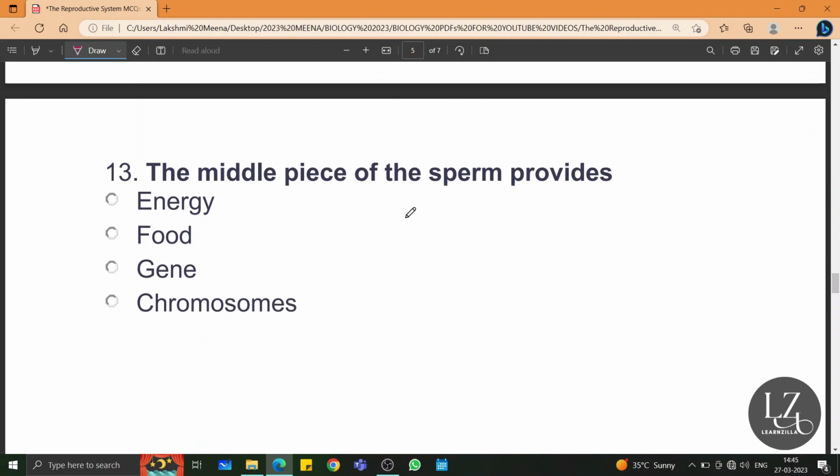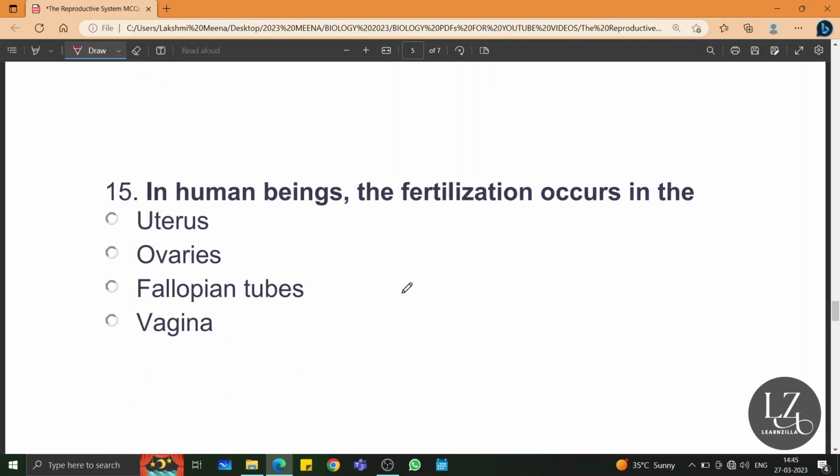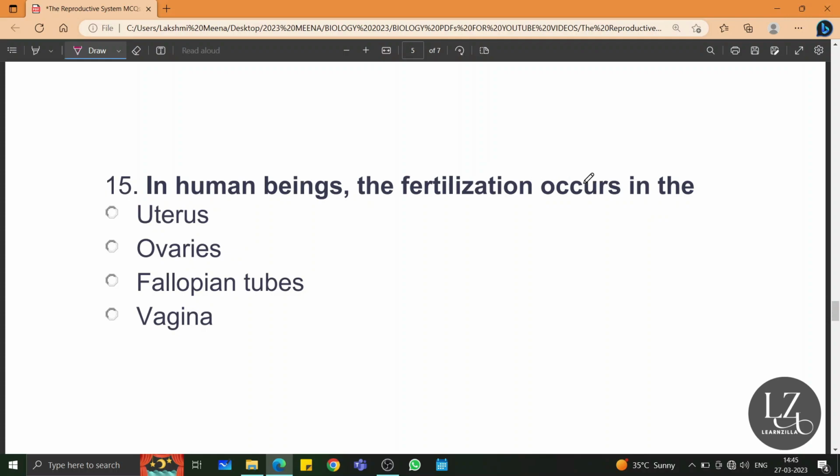The middle piece of the sperm provides energy where the mitochondria is. The normal gestation period in humans is 280 days. In human beings, the fertilization takes place in the fallopian tubes, also called as oviduct.